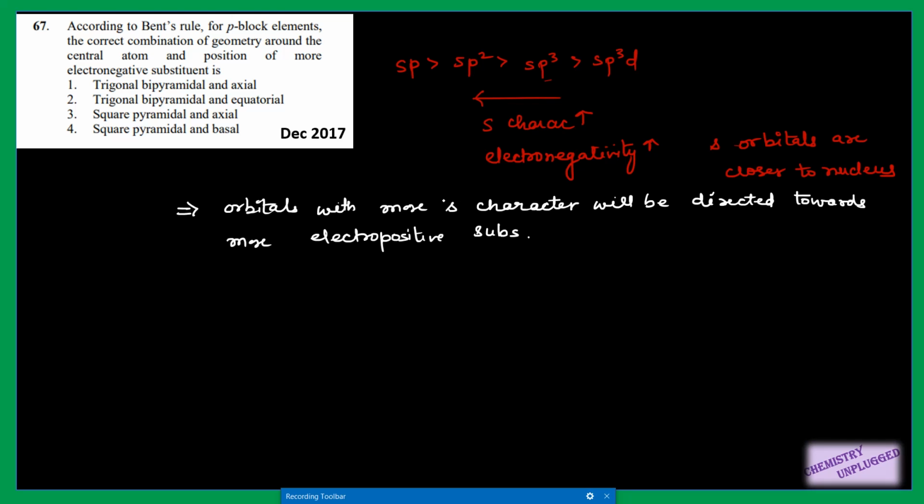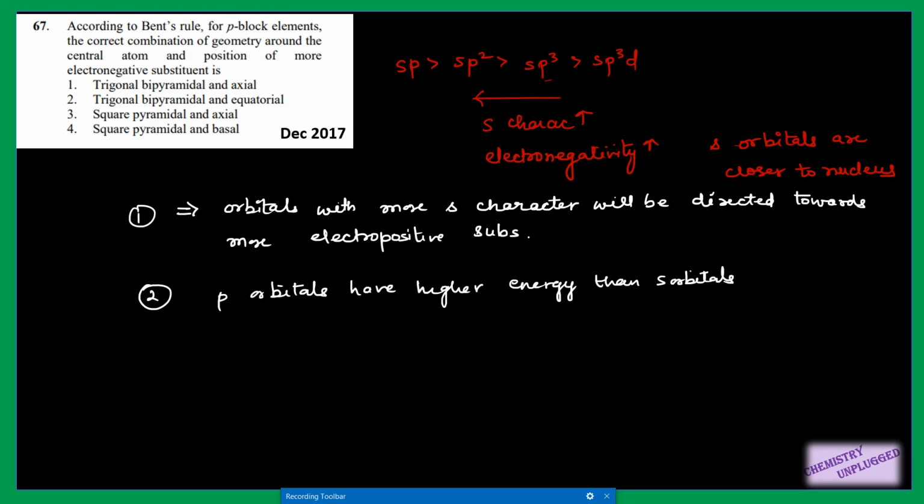Or you can say another thing also, that orbitals with more p character, when you have less s character, p character will be increased. So orbitals with more p character will be directed towards more electronegative substituent. This is also the reverse of the first statement. So you can remember this one only. Then the next point, which will help us to understand this Bent rule, the first one is this. The second one is that p orbitals have higher energy than s orbitals.